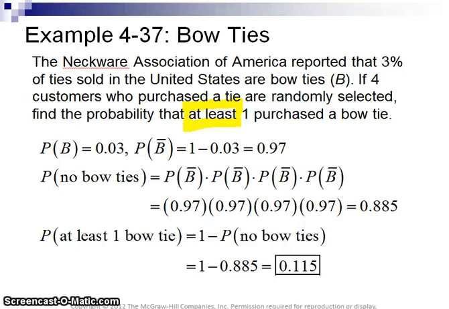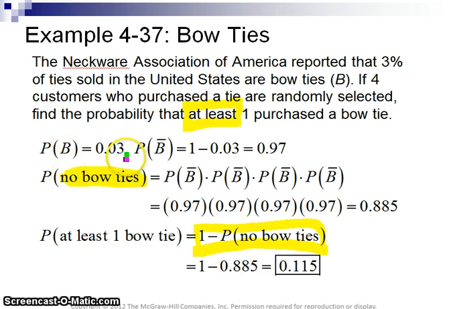So what we're going to do is we're going to look for the probability that there were no bow ties purchased, and then once we find that, we're going to take that answer and subtract it from 1. Okay, so that's our goal. We're going to get to that point. So to do that, let's go back to what we do know about probabilities.